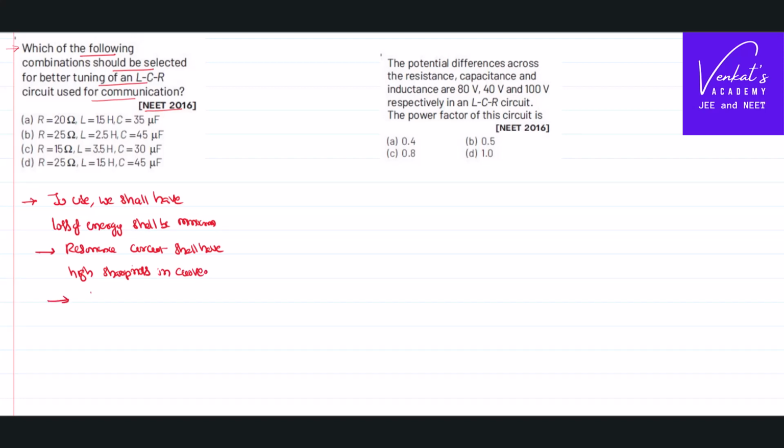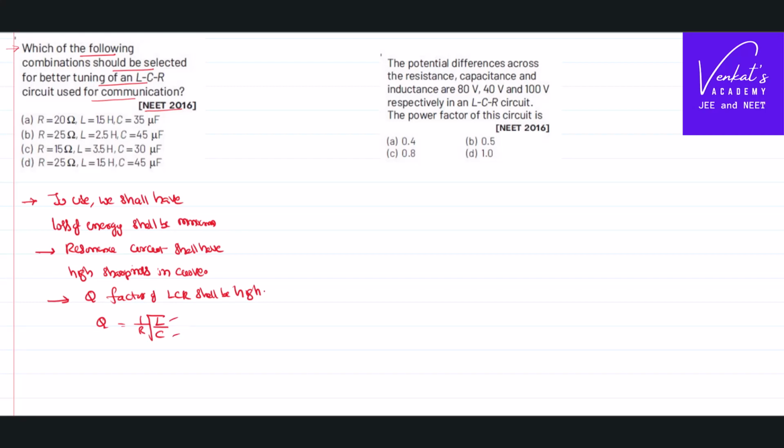To have high sharpness, the Q factor of the LCR circuit shall be high. So, we shall choose an LCR circuit whose Q factor is high. How can I get the Q factor? Q factor is 1 by R times the square root of L by C, where R is resistance, L is inductor and C is a capacitor.